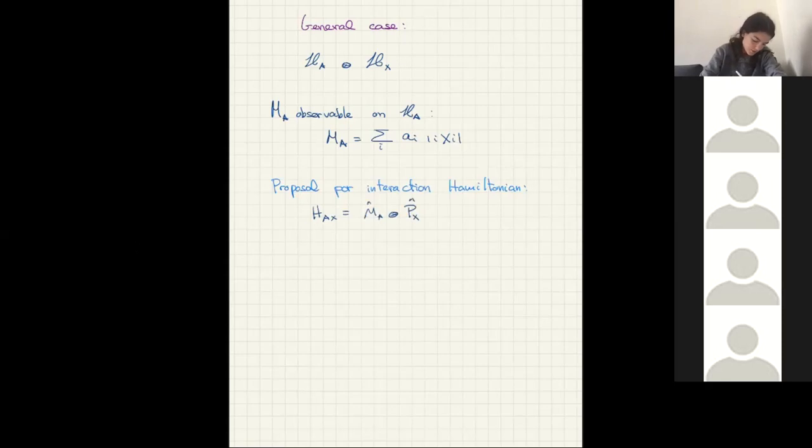And this leads to the unitary U of t being e to the minus i a t over h bar MA PX. Okay.